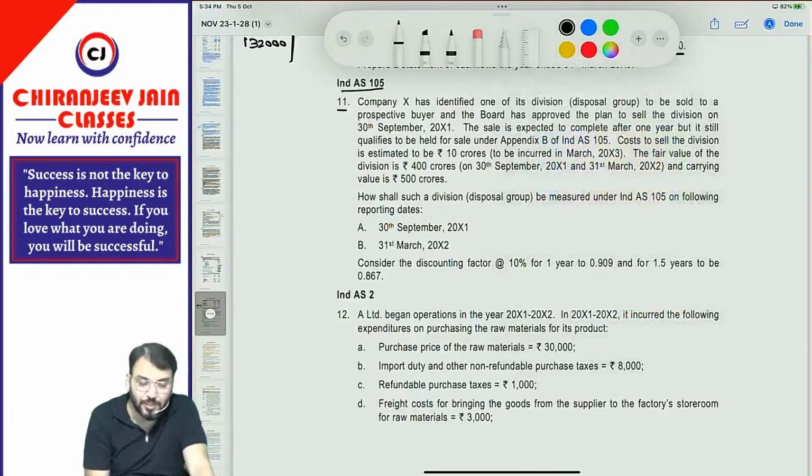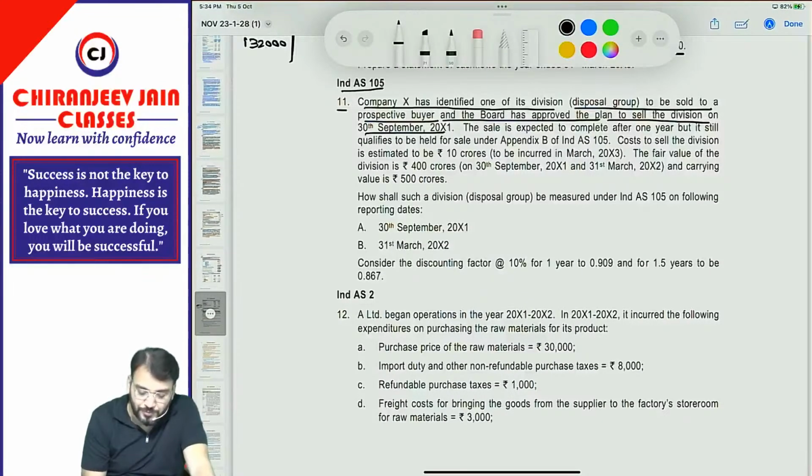So come to question number 11. It is related to Ind AS 105. Very simple question. Company X has identified one of its division disposal groups to be sold to a prospective buyer, and the board has approved the plan to sell the division on 30th September 2001. The sale is expected to complete after 1 year, but it still qualifies to be held for sale under Appendix B of Ind AS 105.